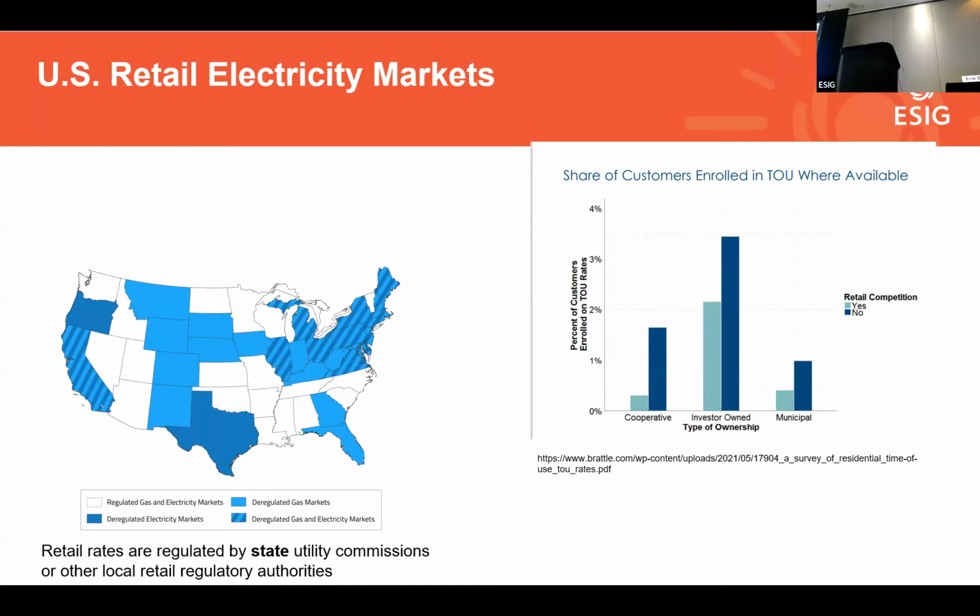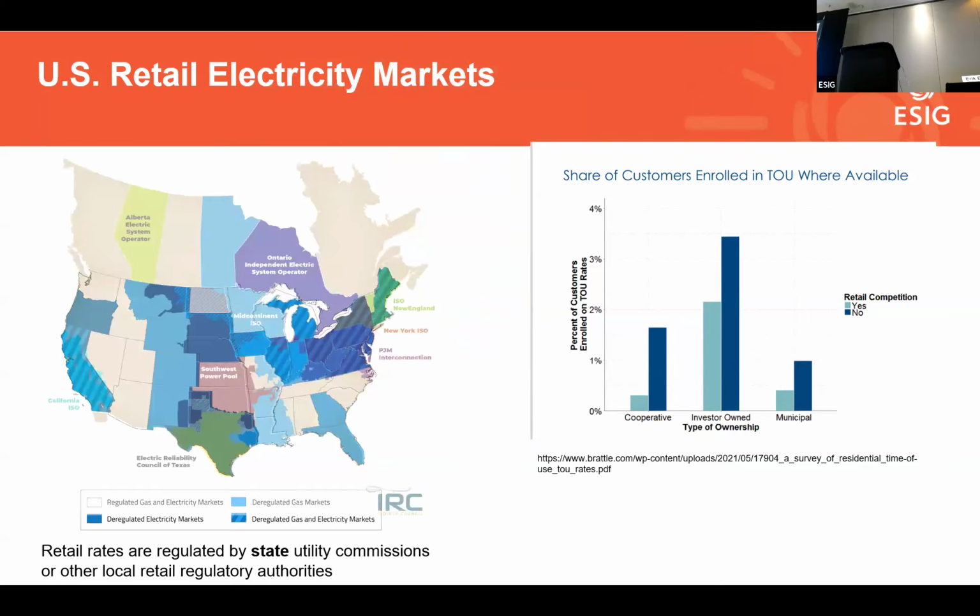Assuming this is up to date, which sometimes can change, the dark blue and the striped states have retail competition. They've deregulated their electricity market. Now I'm going to plop the ISO RTO map on top of that. It's going to be hard to see, but there are some unique things happening here.